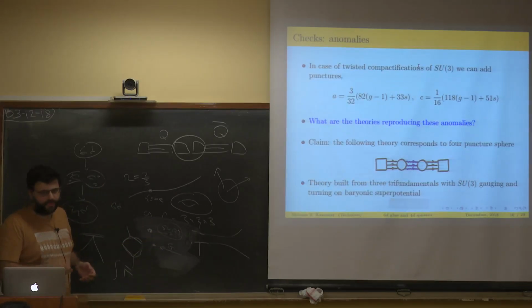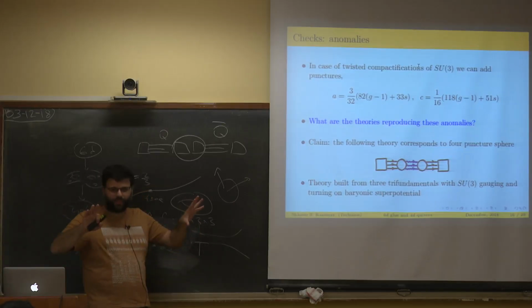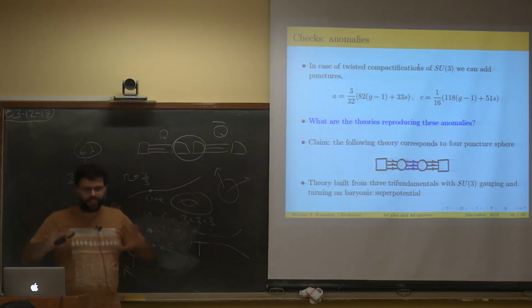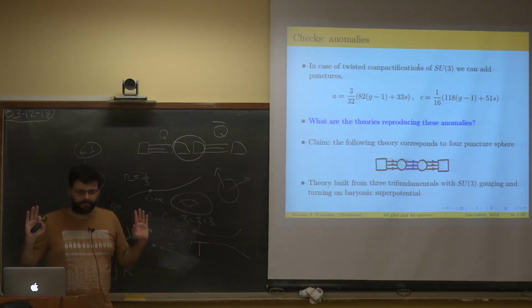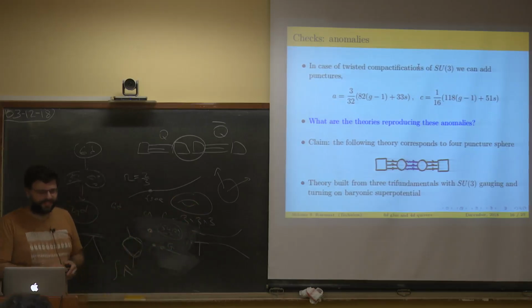Gluing doesn't seem like just gauging, right? It's just gauging. You should think of this as a four-punctured sphere. This is your building block, and from it you build things just by gauging. Okay? I will get to the three-punctured sphere in a moment. Can you go back to this? Yes.